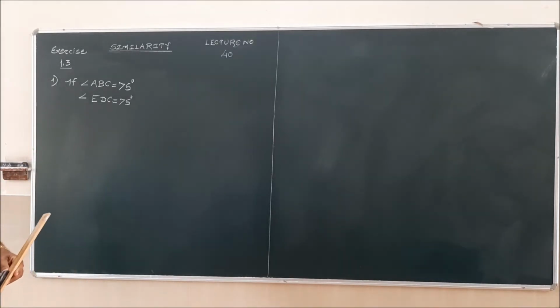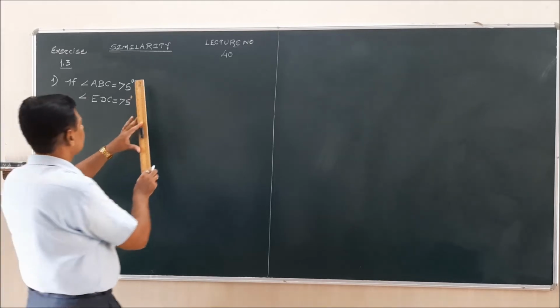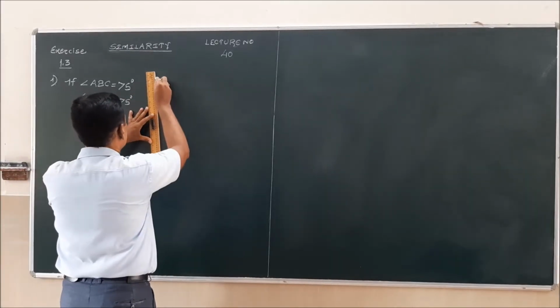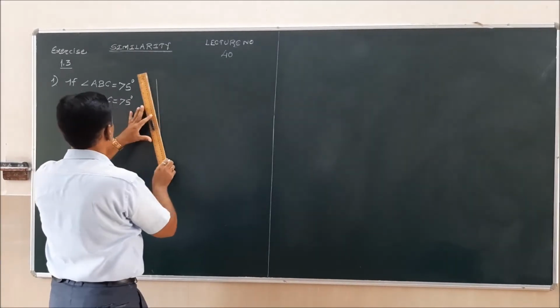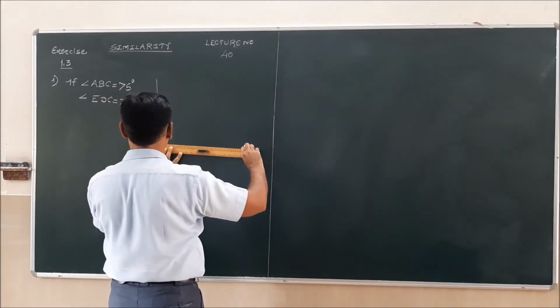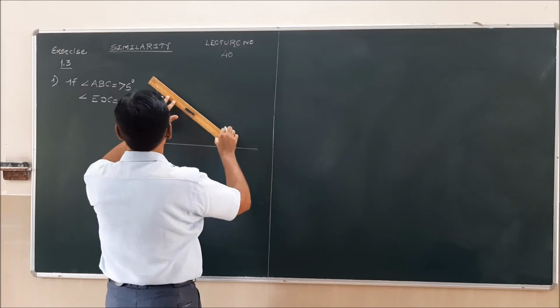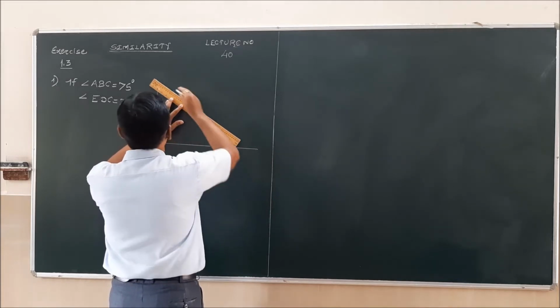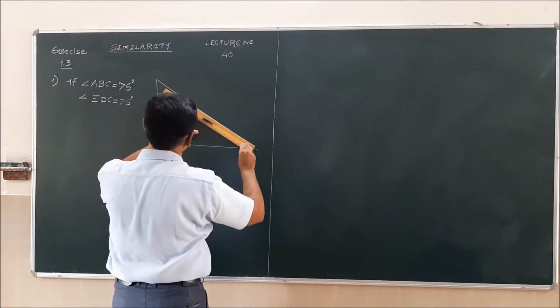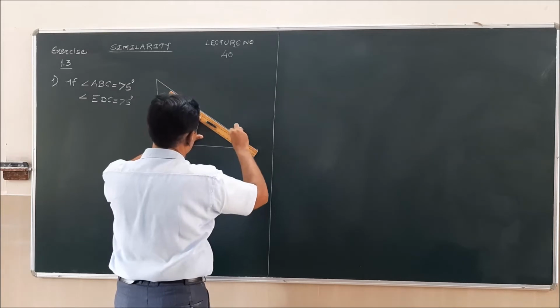So I am going to draw the figure now. ABC is a triangle. In this triangle, you will find angle ABC is given as 75.